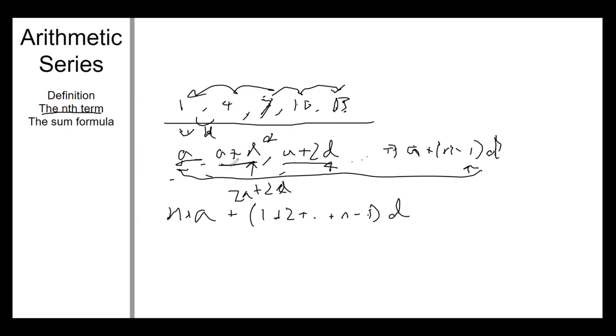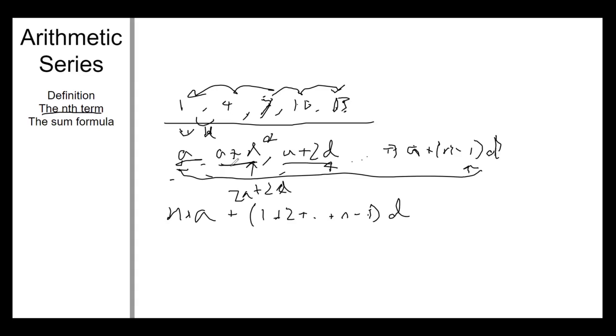You can take advantage of the fact that, because the differences between consecutive terms are always the same, the average of the first and last number, and the second and second to last number, the average of each of those pairs is always going to be the same. And that average is always going to be the same as the average of every single term.